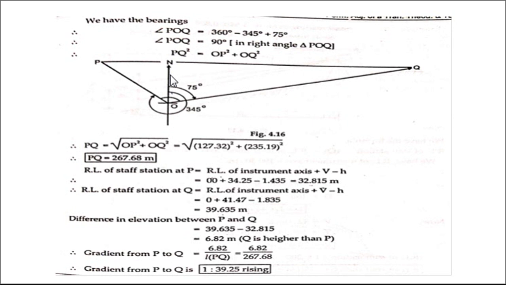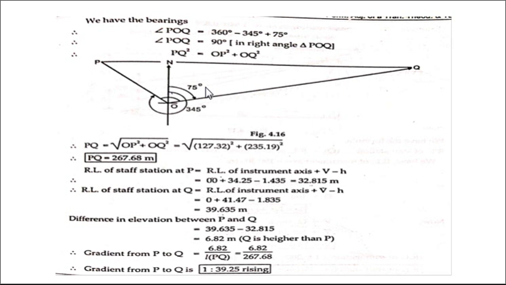Okay, so bearing of point Q with respect to north is given 75 degree. So OQ 75 degree, and bearing of P with respect to O is given 345. So this angle is 345. Now we are having the exact position of O, P and Q. This is seeing from the top. Okay.